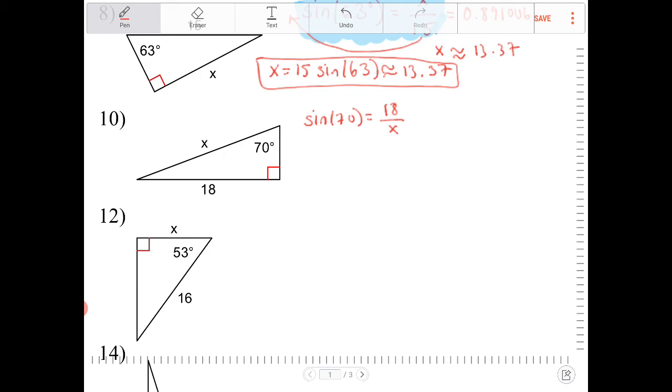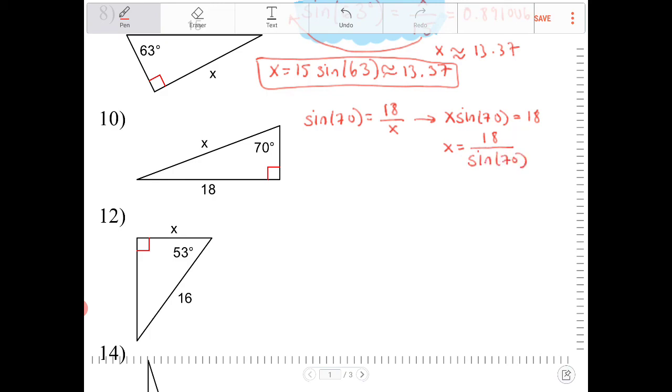So rather than entering sine 70 into the calculator, I'm just going to treat sine 70 as if it's a number, okay? Just like the number 3, the number 4. I want to multiply both sides by x. And if I do, I end up with x sine 70 is equal to 18. I divide both sides by sine 70. I end up with x is equal to 18 over sine 70.